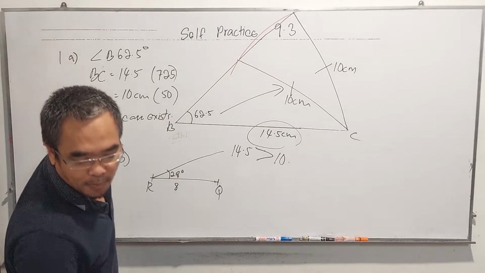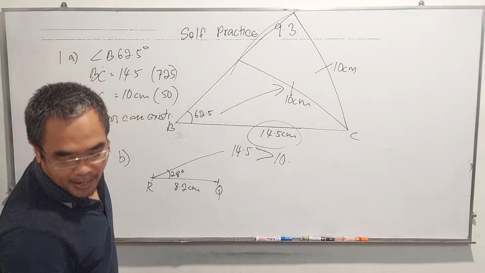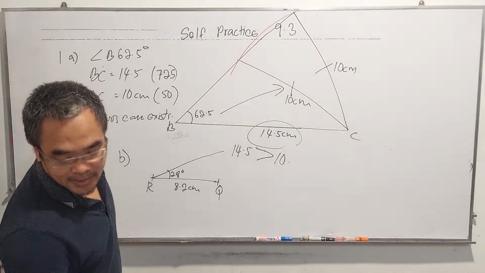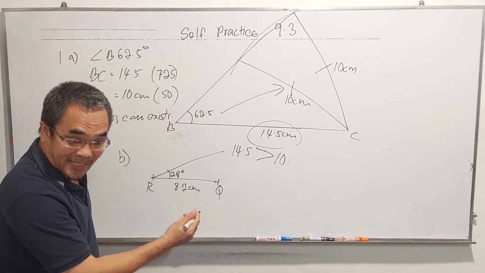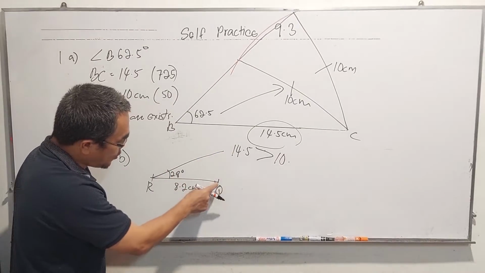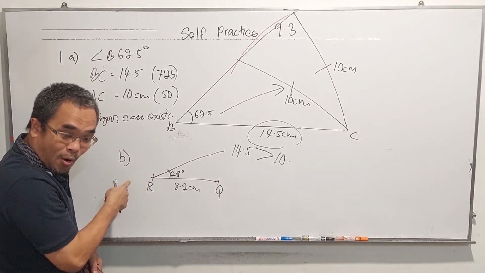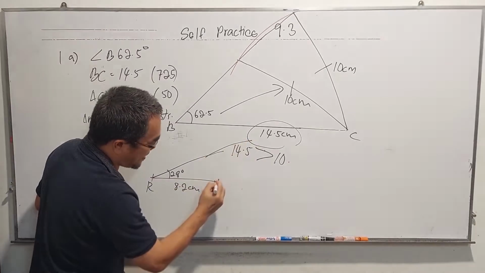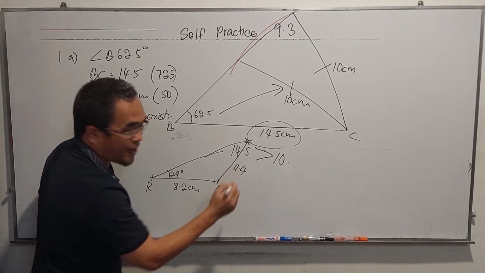Oh, sorry, not PQ, QR is 8.2, and PQ is 11.4. So if you do like that just now, you will find that 11.4, if you go this side, it will be more than this side. But for going to the other side, that is where 11.4 is.